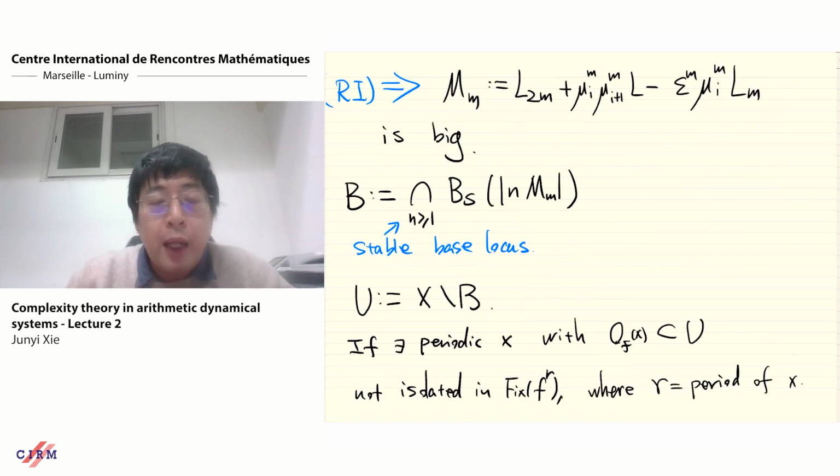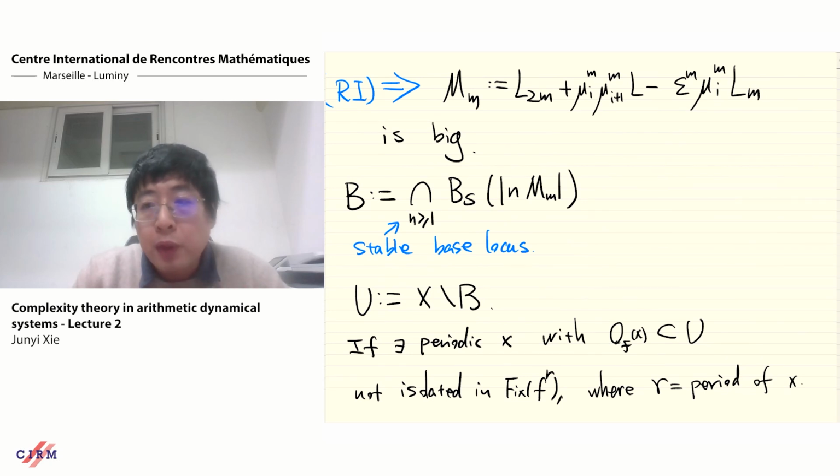Now we apply this recursive inequality. We get this line bundle M_m equal to L_{2m} plus mu_i^m mu_{i+1}^m L minus epsilon^m mu_i^m L_m, and it is big. Now we define B to be the stable base locus of this M_m.